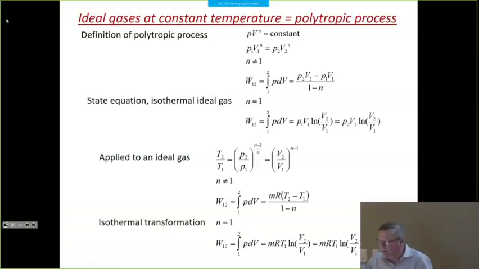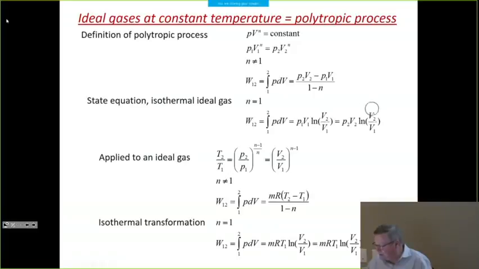So we had seen when we went through the class on polytropic processes that the work is P2V2 minus P1V1 over 1 minus the power law of the polytropic process here, except if that power law is 1, as is the case for the ideal gas. In the case of the ideal gas, the work then becomes P1V1 log of V2 over V1, P2V2 log of V2 over V1, and since, of course, PV is RT, P1V1 equals P2V2.